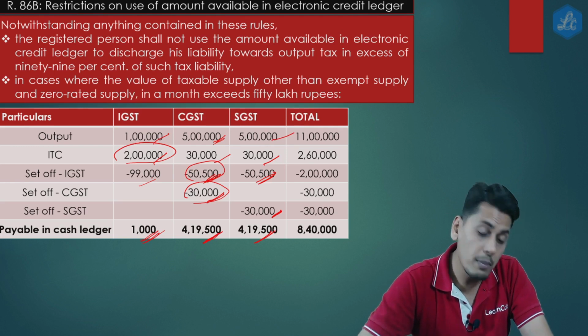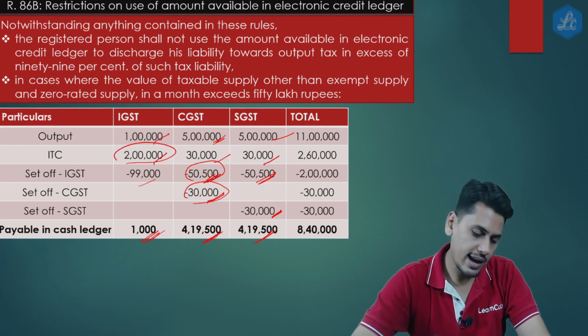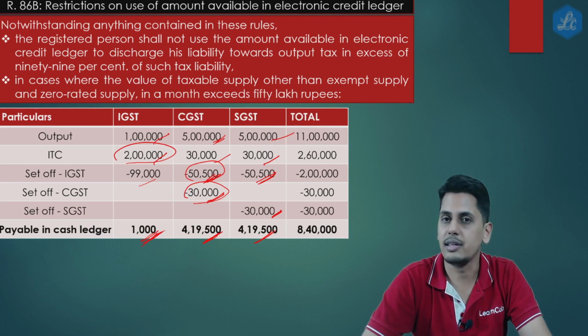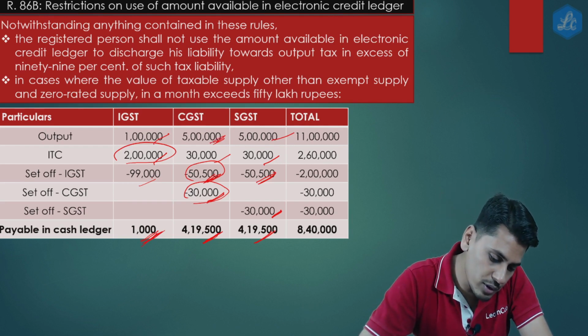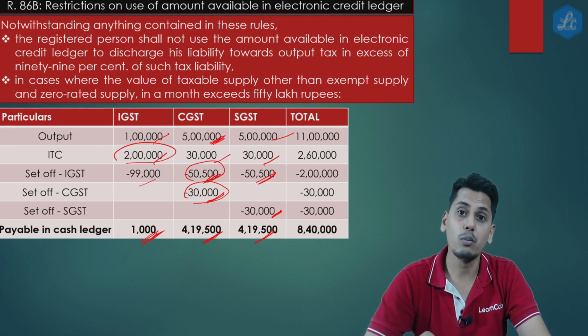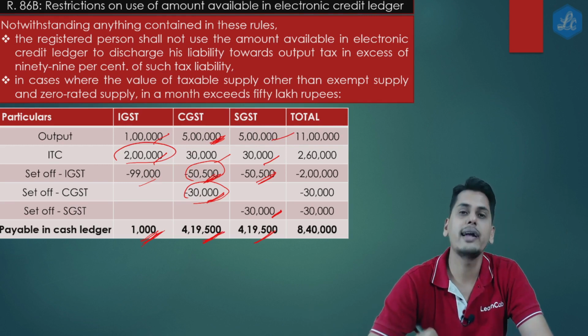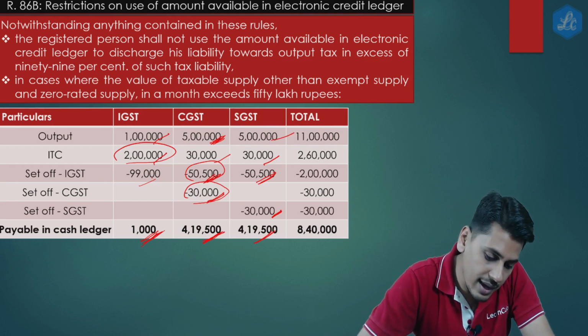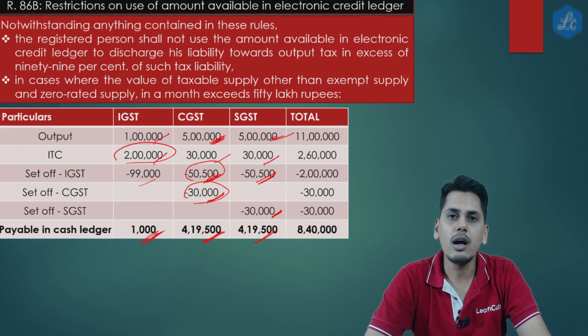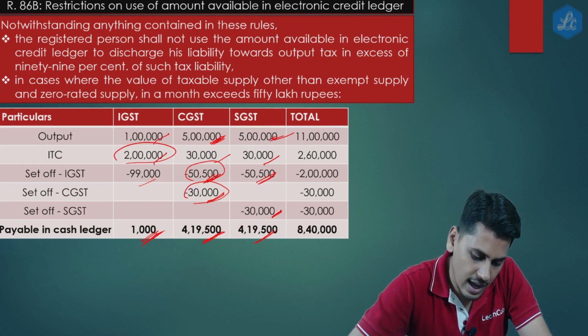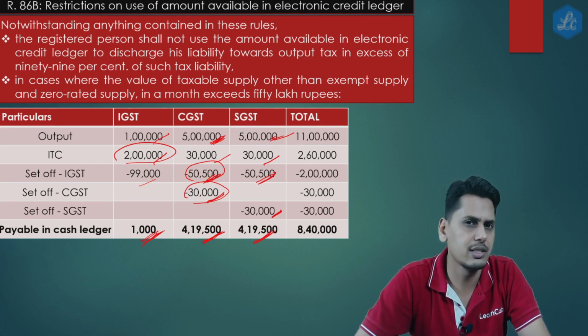Now, how much was my output under IGST? 1 lakh. Have I paid 1%, 1,000? Yes. How much was my output CGST? 5 lakhs. Have I paid more than 1%? Yes, I paid 419,500. How much is my SGST liability? 5 lakhs. Have I paid more than 1% through cash? Yes.